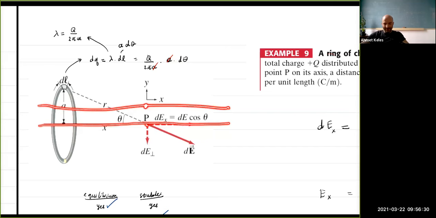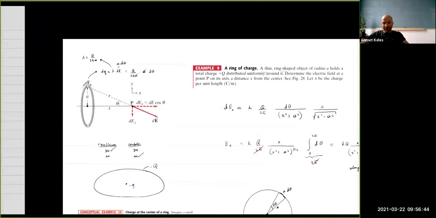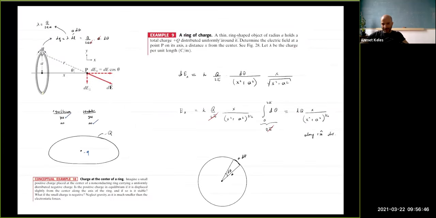If you have time, energy, and motivation, you can try, and you'll see it's going to be a little bit harder than this. You may have irregular shapes, but I'm pretty sure there'll be some trick. Most of the time you'll have nice symmetric shapes.